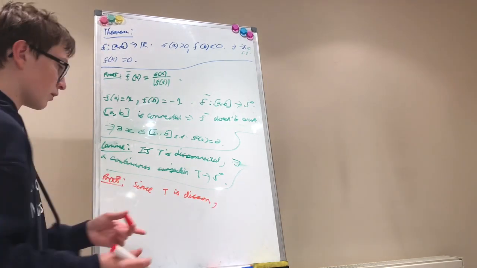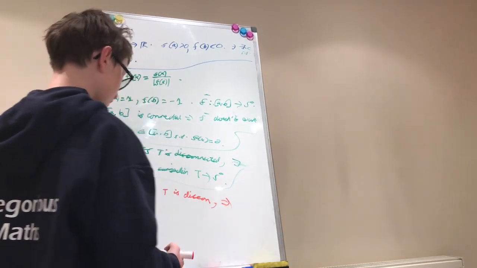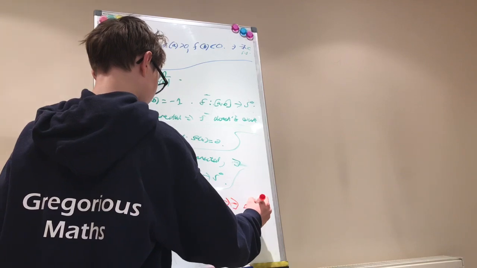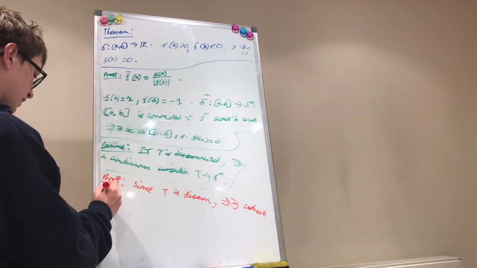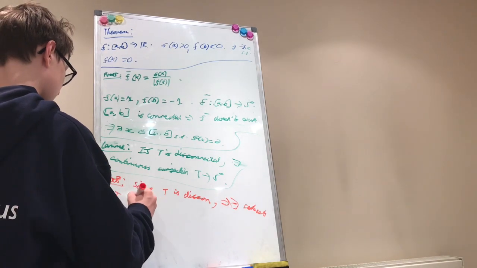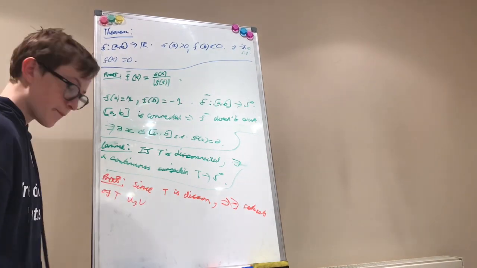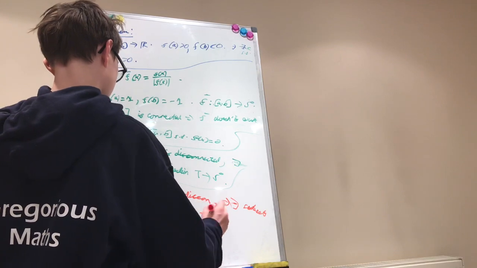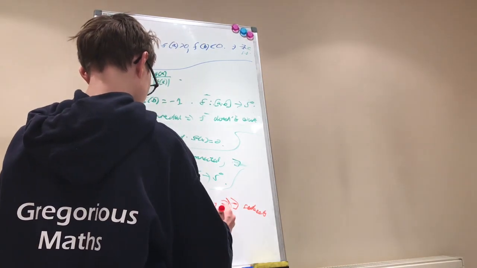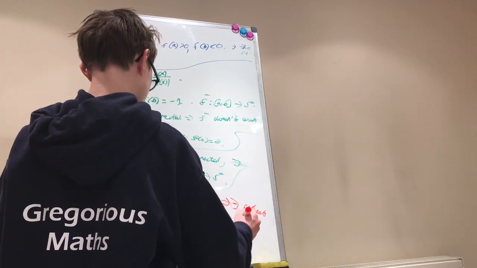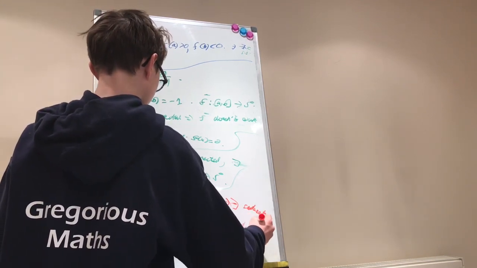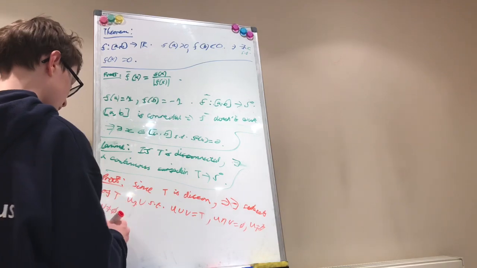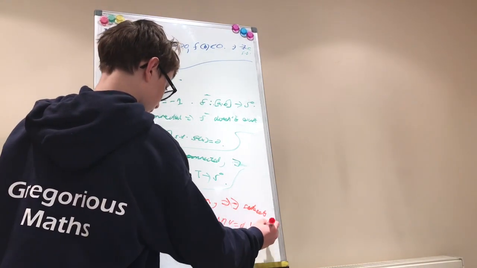Since T is disconnected, this implies that there exist subsets of T, U and V, such that U union V is equal to T, U intersect V is equal to the empty set, and U is not equal to the empty set, and V is not equal to the empty set. Okay?